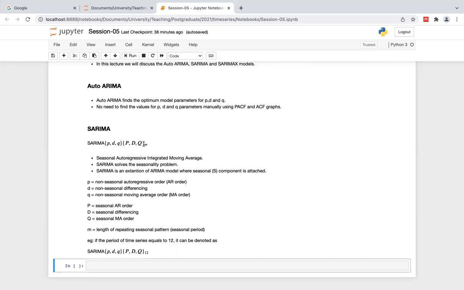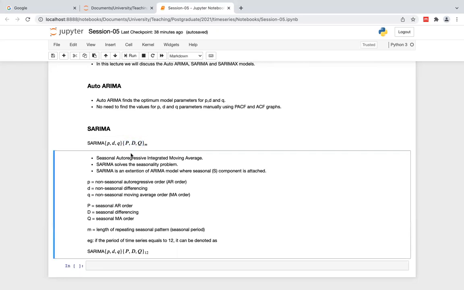Then the problem is these remaining parameters: uppercase P, D, Q, and lowercase m. The uppercase P, D, Q are analogous to the simple pdq in a similar way, but there is another component called lowercase m. The lowercase m is where we say the length of this seasonal component, the seasonal period.